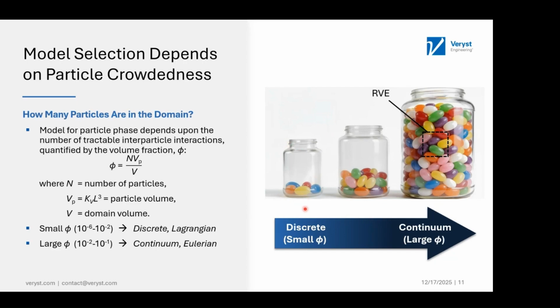In the former case, where the particles are countable in some ways, you might rely on discrete methods or continuum methods, depending on the degree of coupling between particles and the fluid. But once the particle density becomes very high and very crowded, using Lagrangian discrete methods becomes intractable at some point, and you have to rely on continuum methods to resolve the behavior of the material. These can exploit so-called representative volume elements. These are essentially statistical representations of the microstructure.